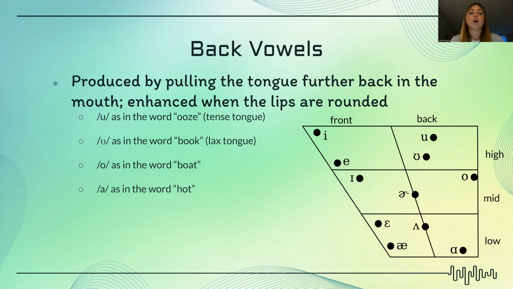If you try to say oh with your tongue pushed forward, it just doesn't feel right. You wouldn't move your tongue that way in connected speech. And then the last vowel is ah. That is a low back vowel, as in the word hot. You can feel your tongue pull very far back and down when you make that sound.